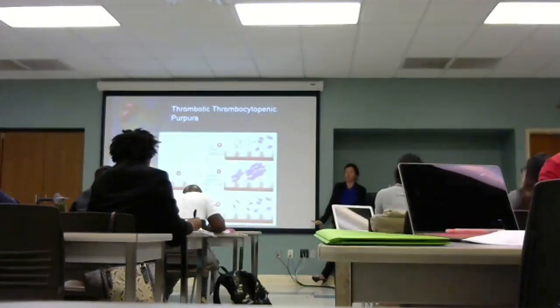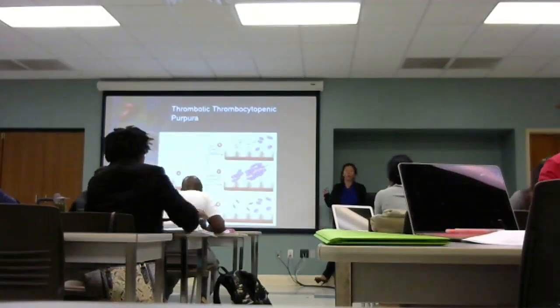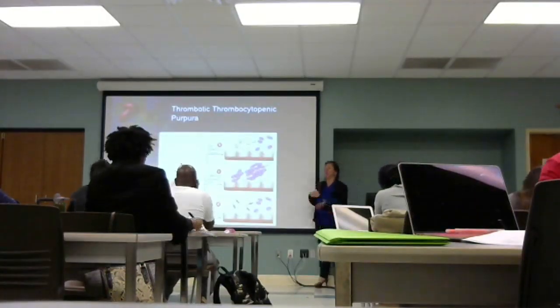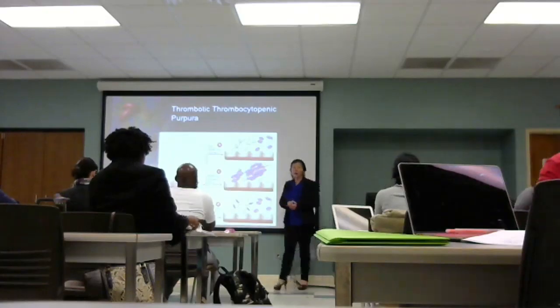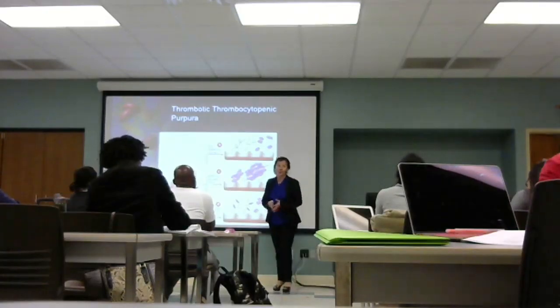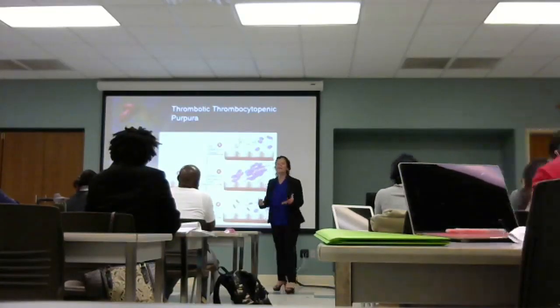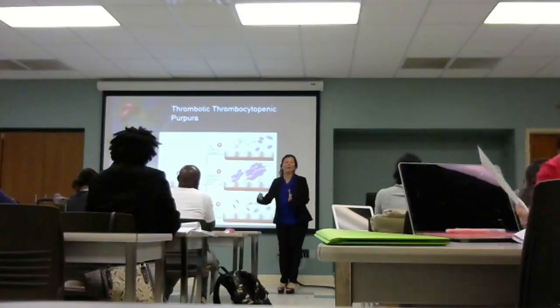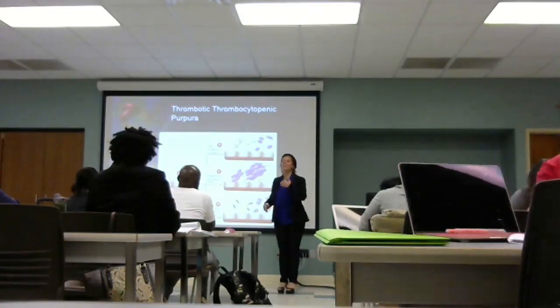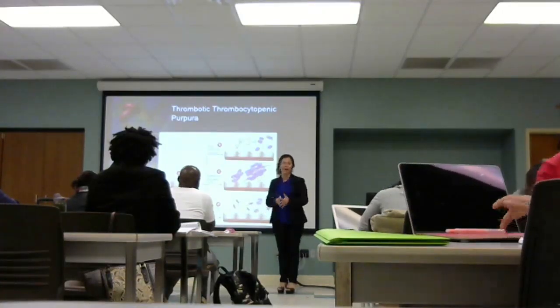Any questions? No? Now, going to comparison, which is thrombotic thrombocytopenic purpura. Thrombotic, the word is telling you, so you can't miss that. What's happening here, even though the platelet counts are decreased, the patient is having thrombosis. Why?